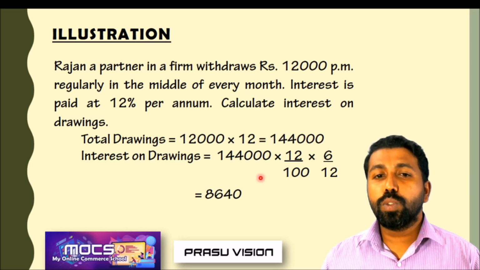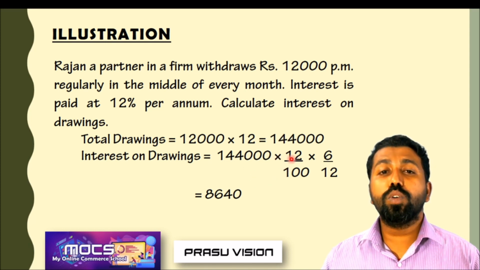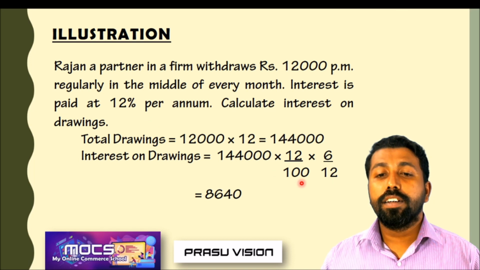Interest on drawings is equal to 1,44,000, the total amount of drawings, into rate 12 divided by 100 into average period 6 by 12. Why 6 by 12? Because the amount is withdrawn in the middle of every month. So we will get 8,640. Hope these three areas are very clear.